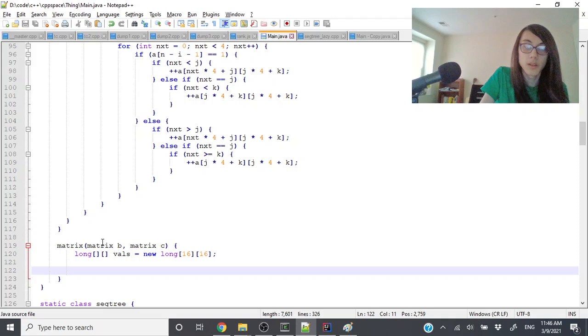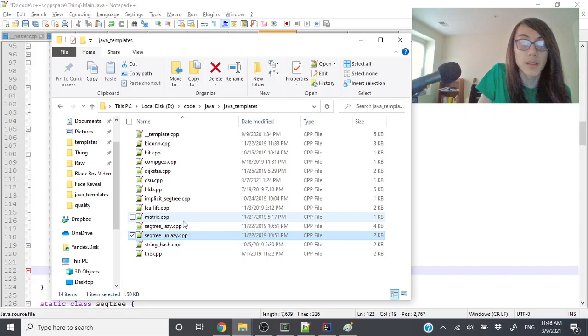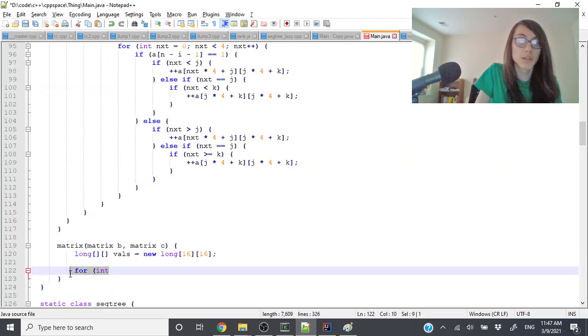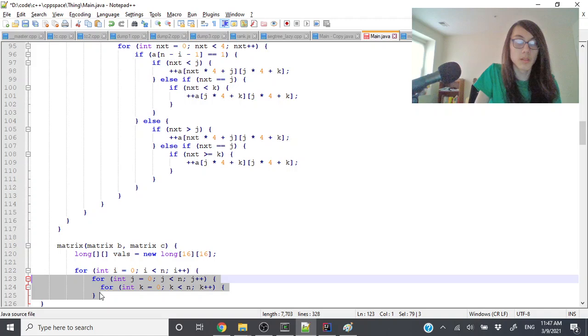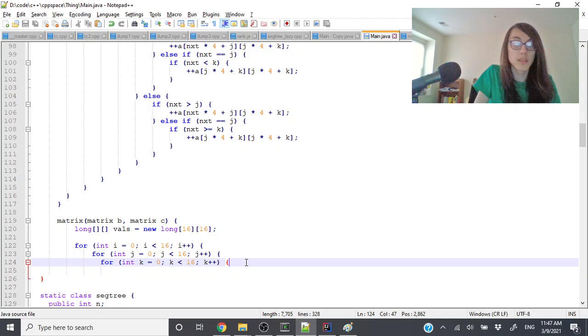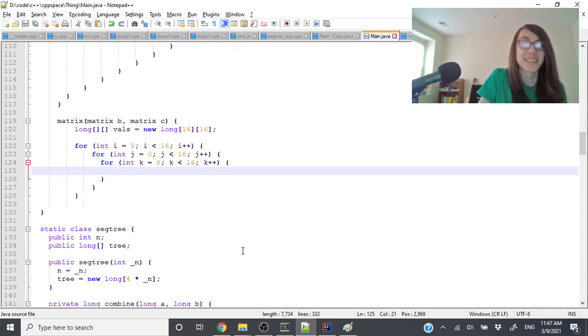Now, I should not screw this up. Matrix. Sure. So this is 16, 16, 16. I don't care about indentation. It's gonna look like a mess, but whatever. So what is this?